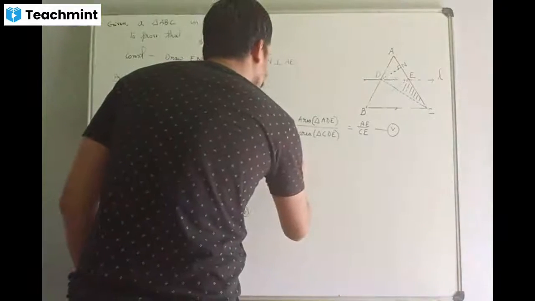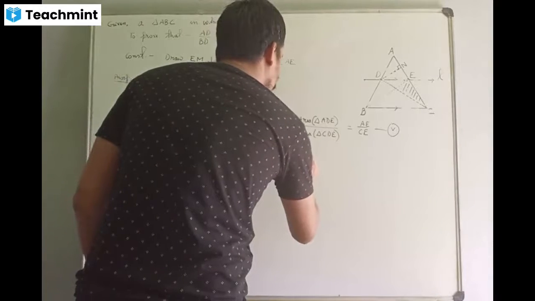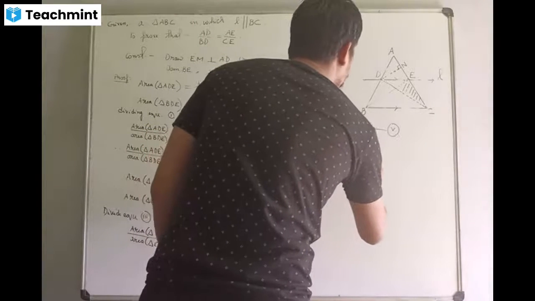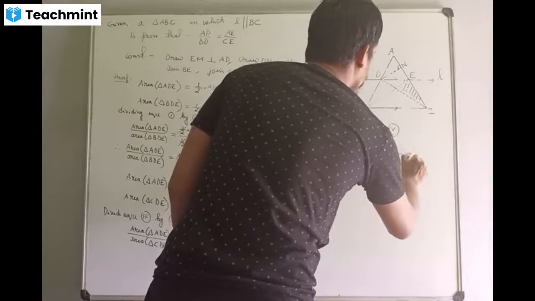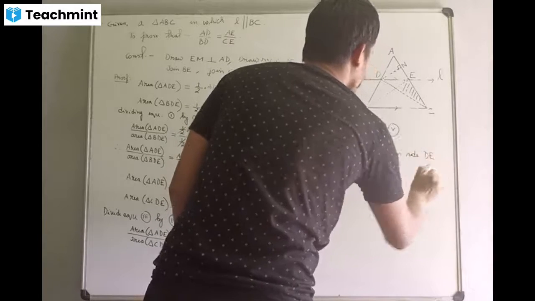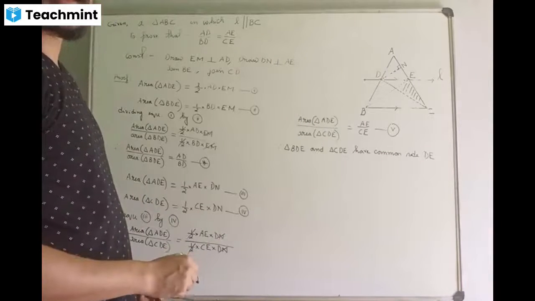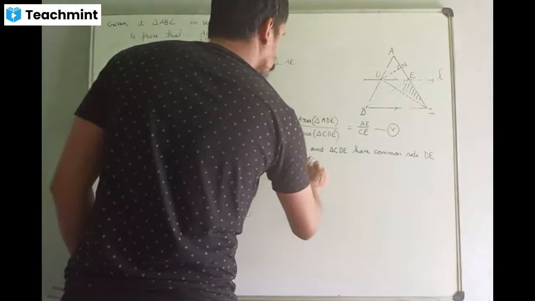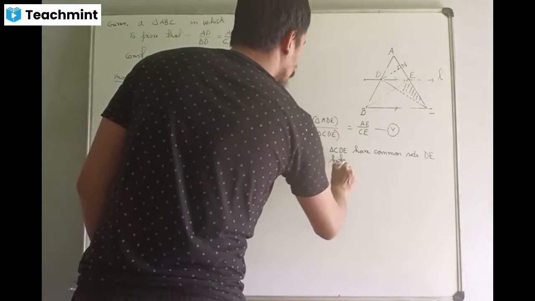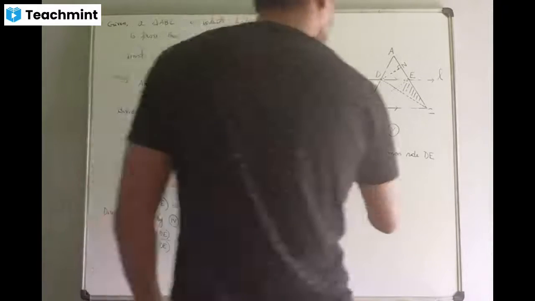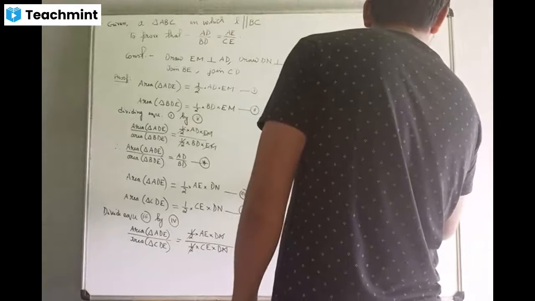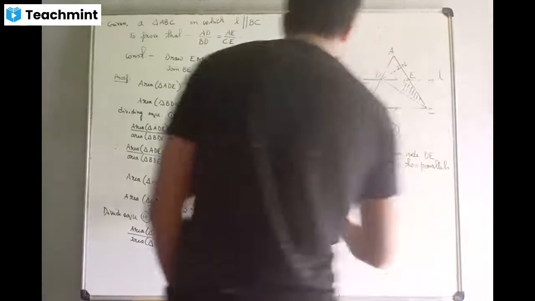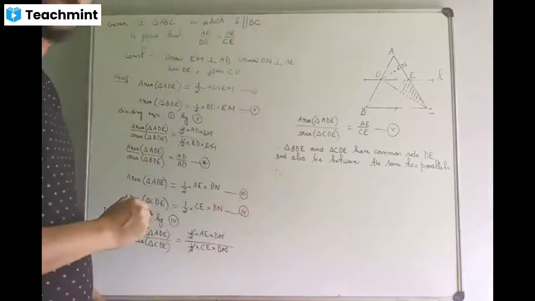Since triangle BDE and triangle CDE have a common side DE, and also they lie in between the same two parallels, therefore their areas will be equal.